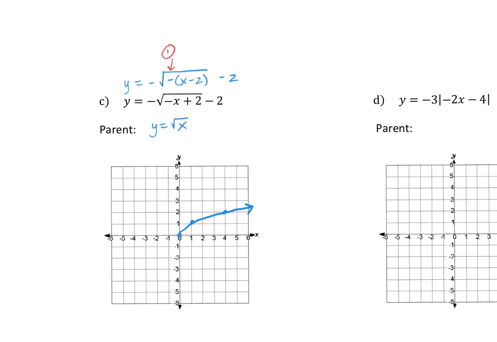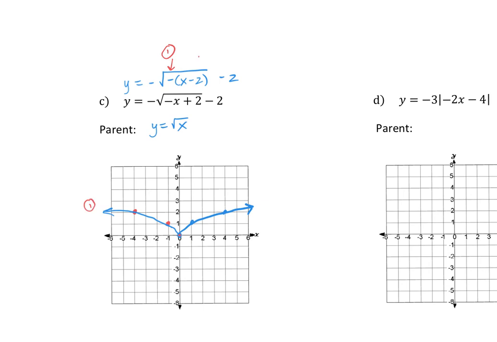So the 0, 0 stays. The 1 becomes a negative 1. The 4 becomes a negative 4. Okay. Oops. So that would be our first transformation.